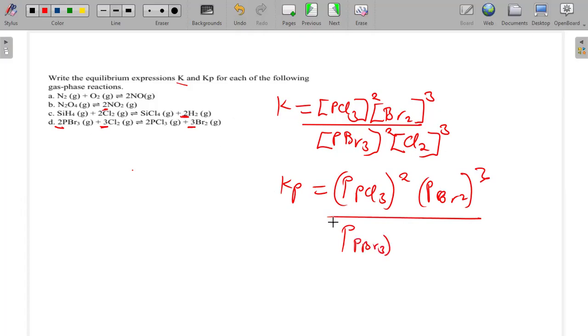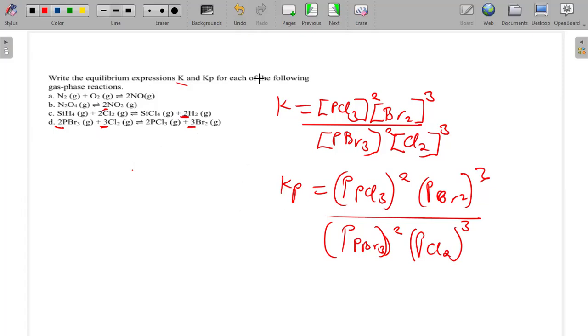Okay, so this one, we're going to power it to 2 because the coefficient is 2, multiplied by the pressure for Cl2, as well, we're going to power it to 3 because the coefficient is 3. So that's how you come up with the K and the Kp expression for the gas phases. So here we are considering only gas phases here. So we're having only gas phases that we're having. Those are the K expression and the Kp expression that we are going to get in that case.